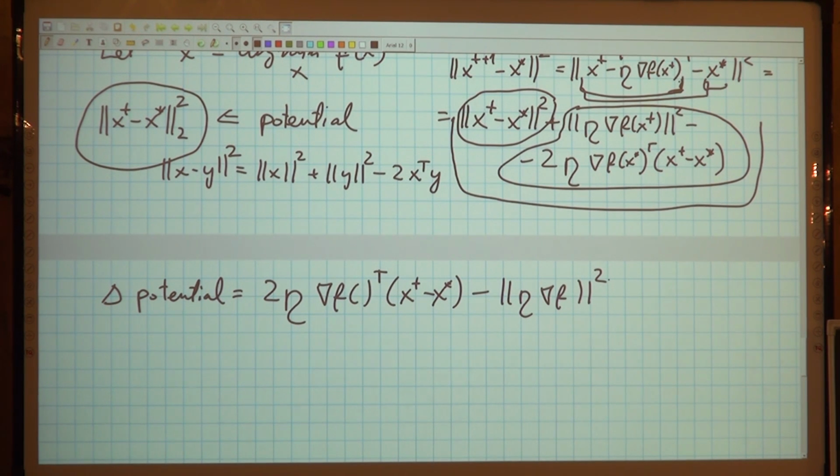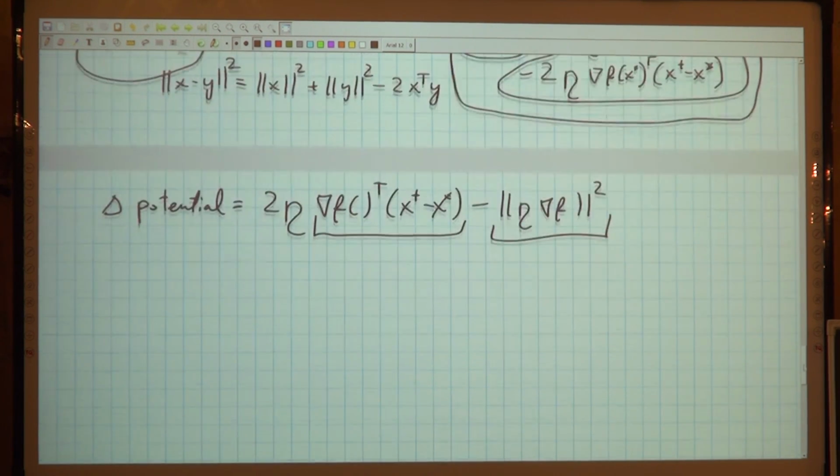Now all that we have to do is reason about how big this is. And since I'm running a little bit behind, let me just skip. Actually, there's just a couple of lines.